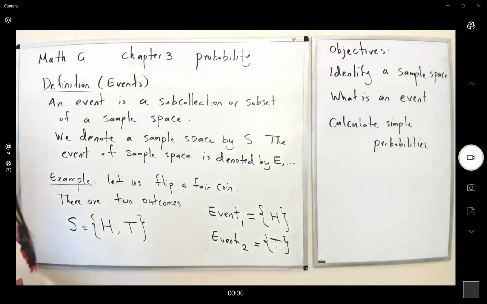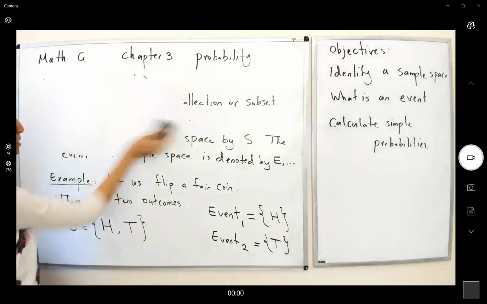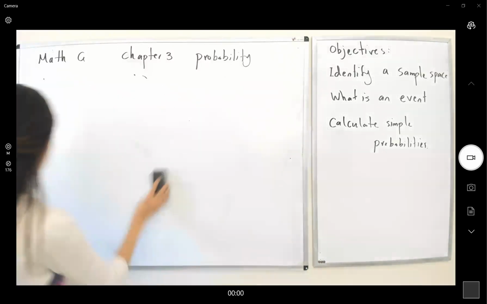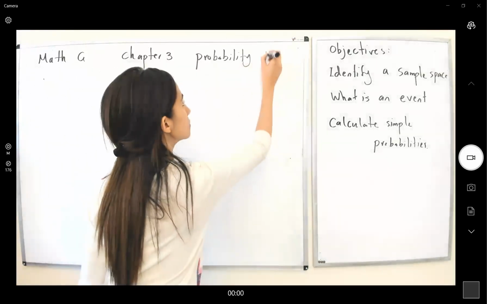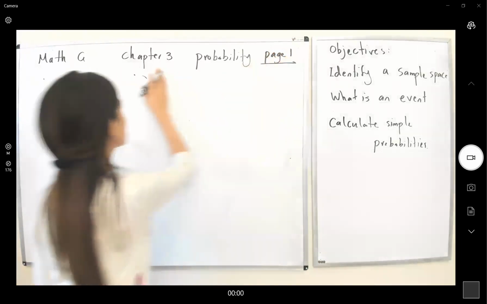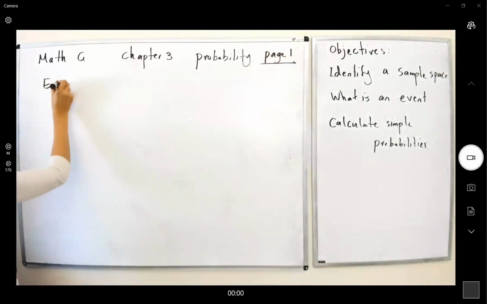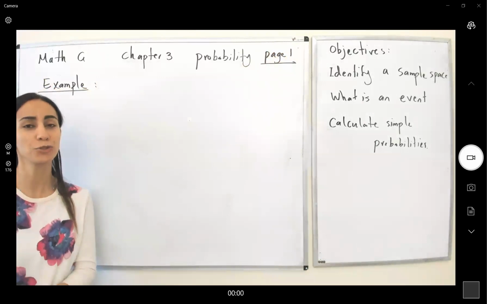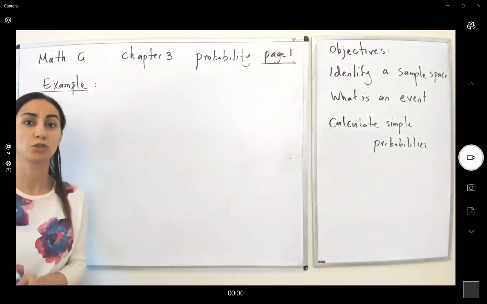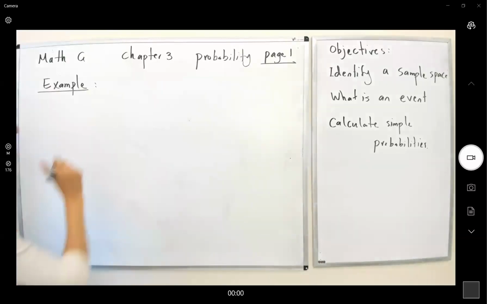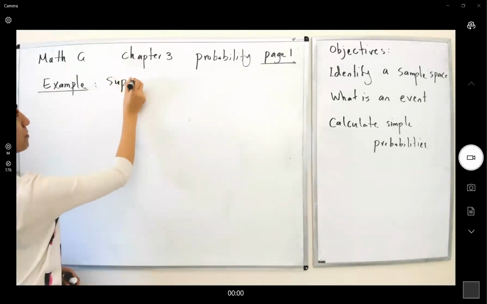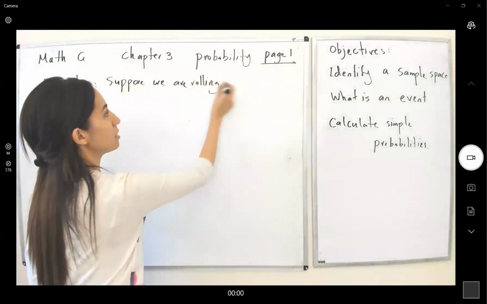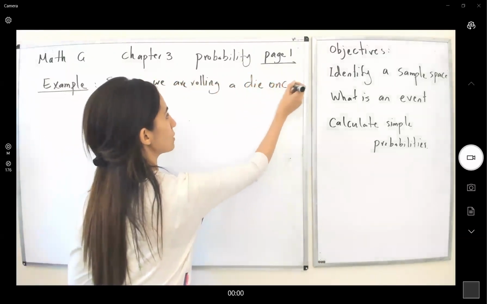Let's take a look at another experiment. This experiment is on page 1 of the notes. Example. In this experiment, you're going to use a die and you're going to roll the die once. Suppose we are rolling a die once.